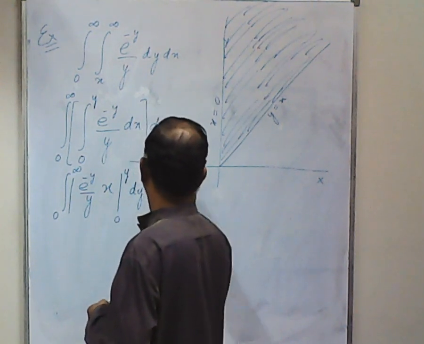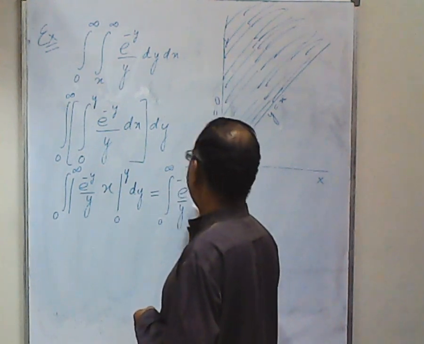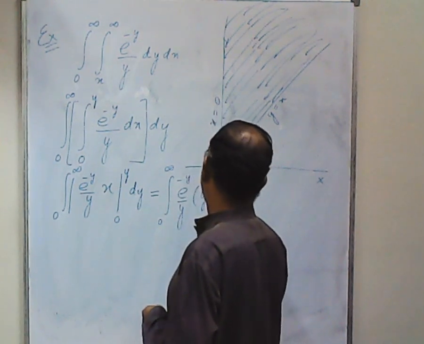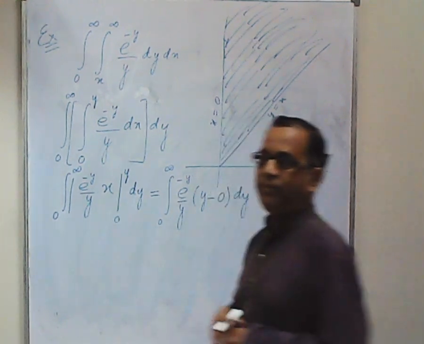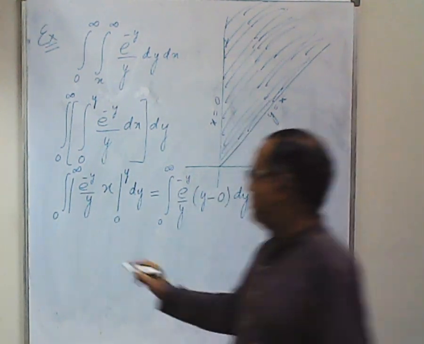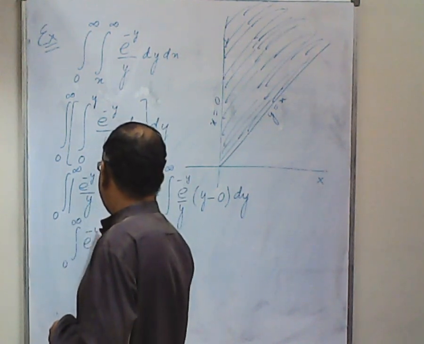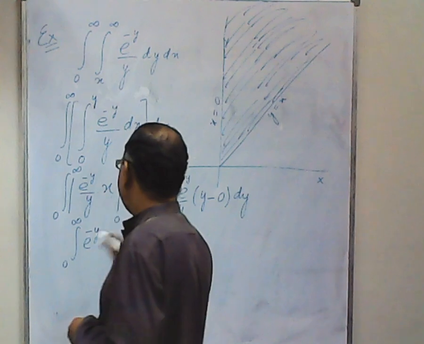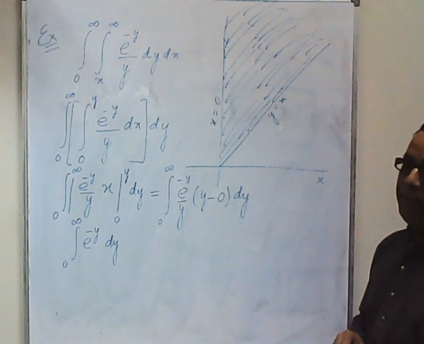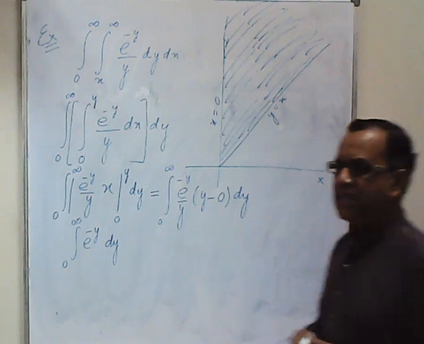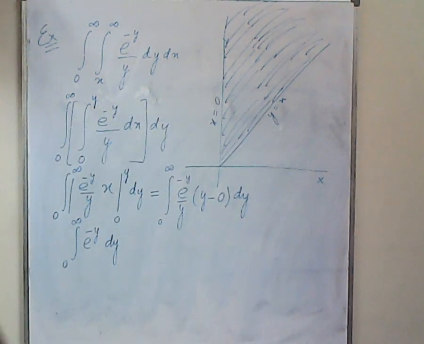Now it becomes 0 to infinity e power minus y upon y, substituting the upper limit y minus lower limit 0, dy. This is equal to 0 to infinity e power minus y dy, because y cancels with y. Now you look at this integral, it is very straightforward to integrate.